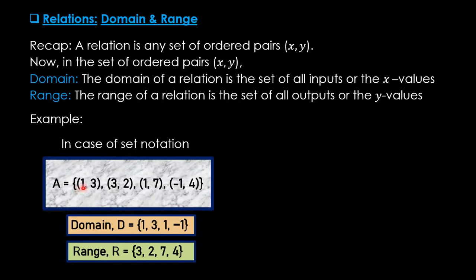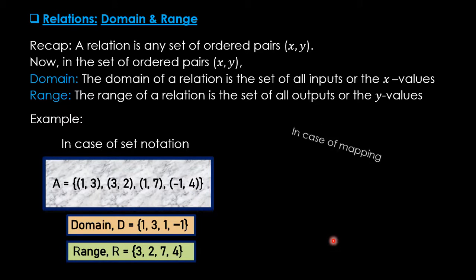So this is basically all the x values, 1, 3, 1 and -1. From these x values we are creating another set which is called the domain, and from all the y values of the set, like 3, 2, 7 and 4, we are making the range R.